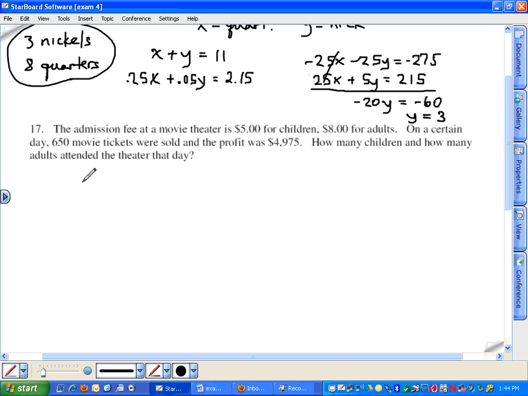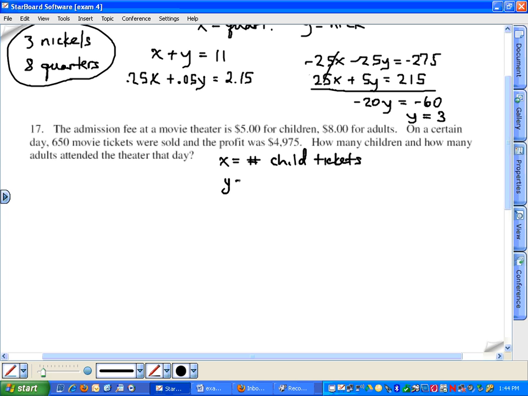Okay, question 17. Admission fee. How many children and how many adults attended the theater? So they're asking about ticket sales. How many tickets were sold to both children and to adults? We don't know how many of each, so we can say x equals the number of child tickets.